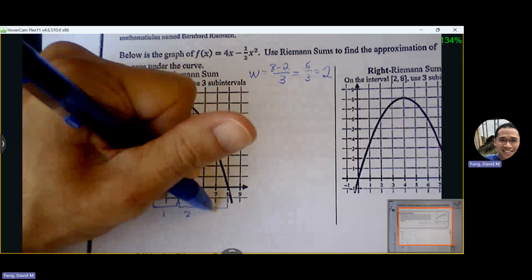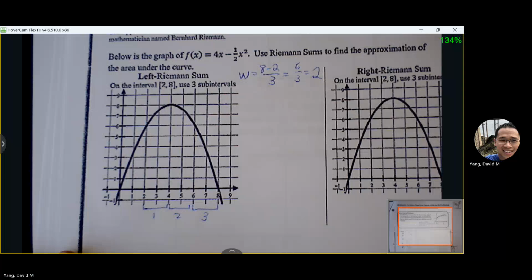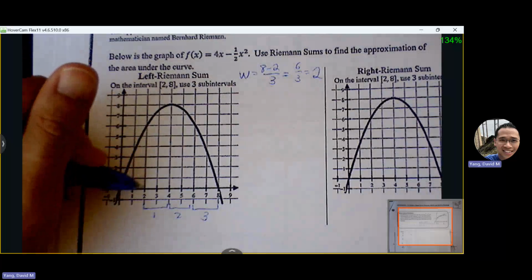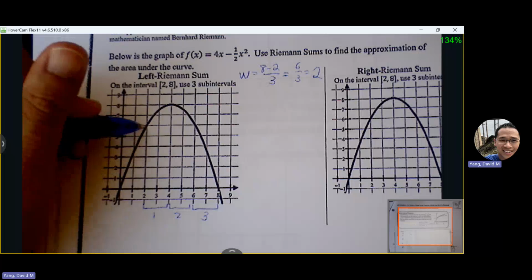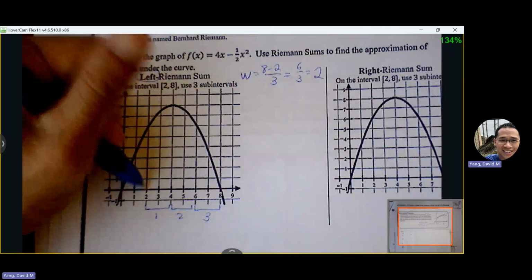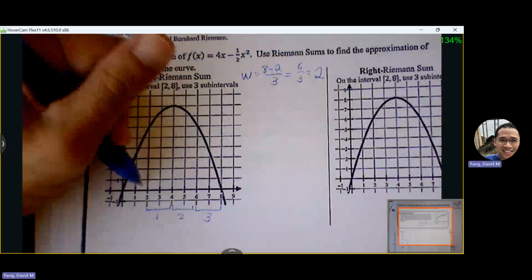So these will be my subintervals for my 3 rectangles. Okay, so let's practice that. See if you can attach appropriately to the curve, depending on whether it's left, right, or middle. And then find the width and the height of each subinterval, add them up, and that's going to be the area of your 3 rectangles.